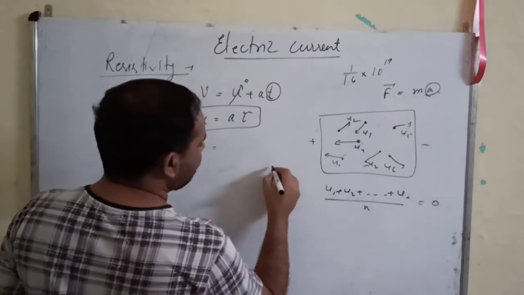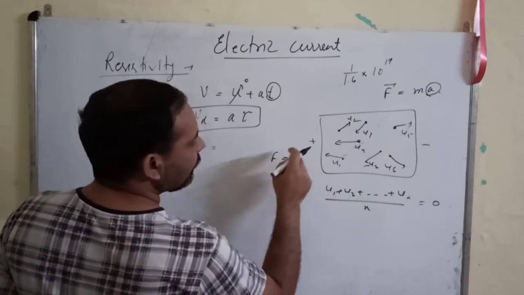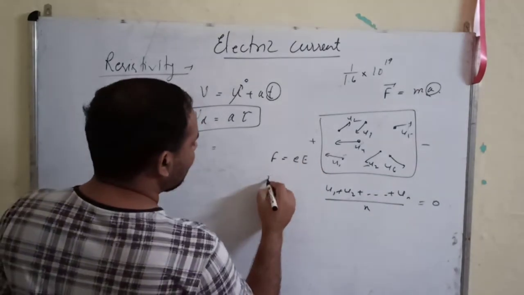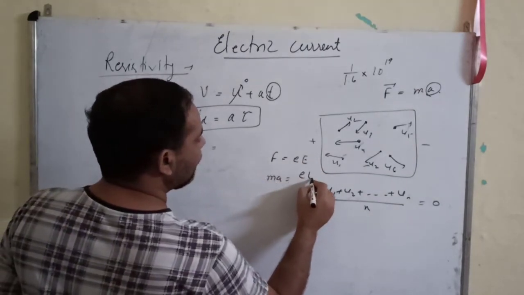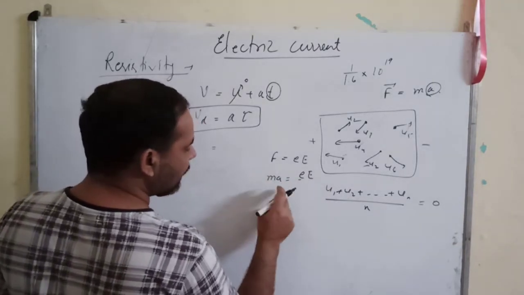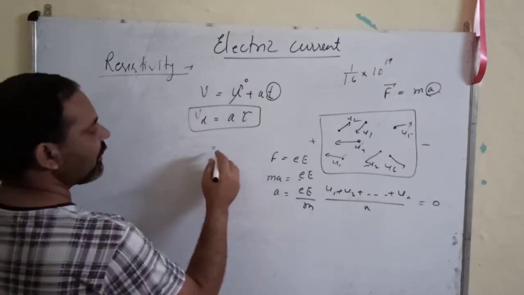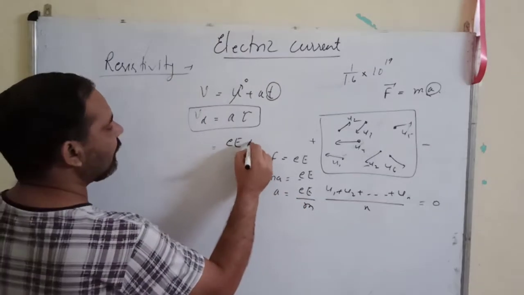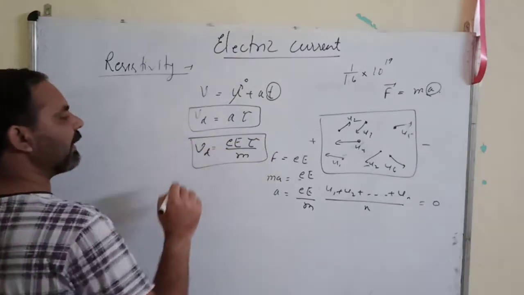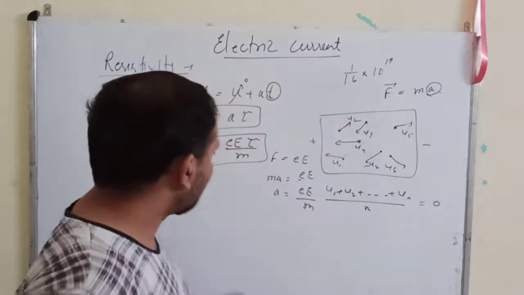We know that F equals qE, and here q is the charge of the electron, so eE. Force is mass into acceleration, so ma equals eE. So a is eE upon m. So it becomes eE tau upon m. This is your Vd, the drift velocity expression.